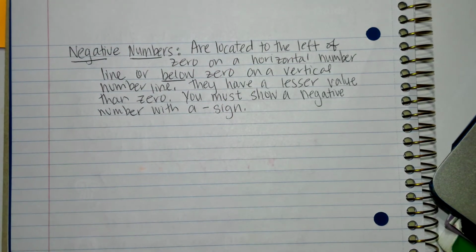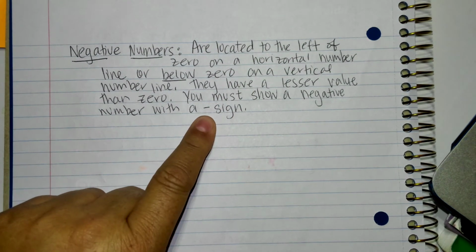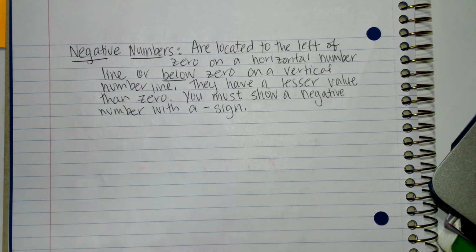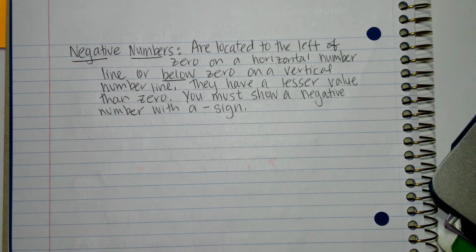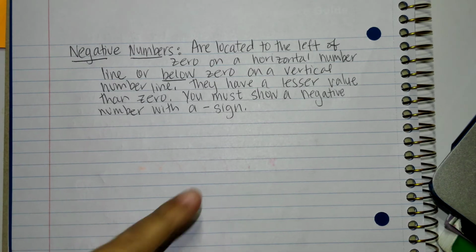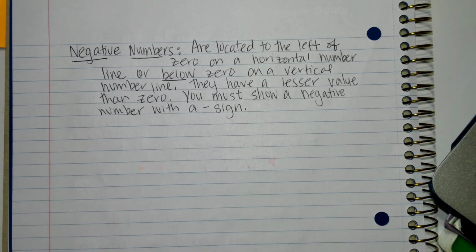And again, that sign is going to become important probably in about 6 or 7 months when we start talking about adding and subtracting and solving one-step equations. Because this negative sign is also a minus sign. It's showing that there's a lesser value, or you're taking away.